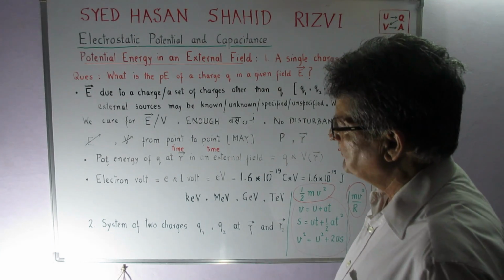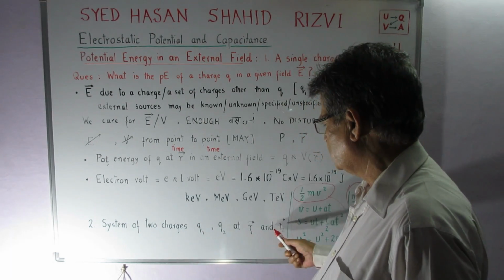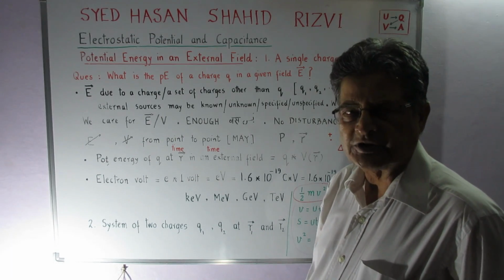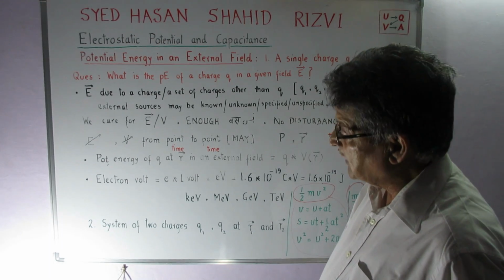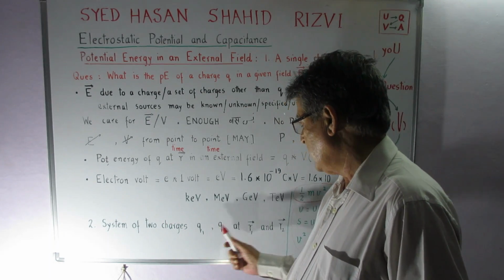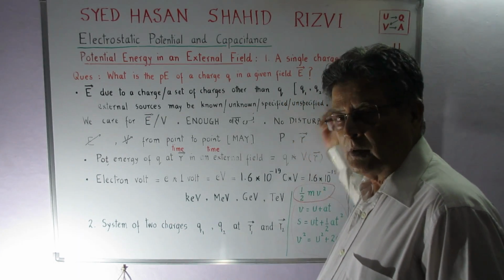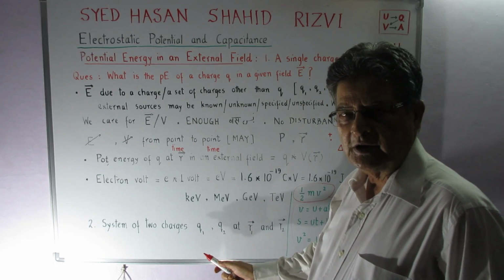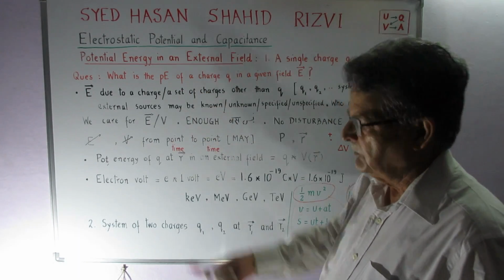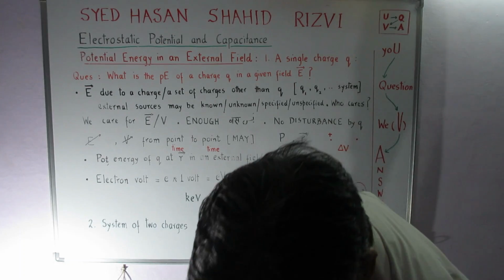So next item, we take a system of 2 charges, Q1 and Q2 at R1 and R2, and see what will be the total energy of the system if these 2 charges are held at R1 and R2. They are brought from infinity, and the potential energy associated with them we are going to talk about.